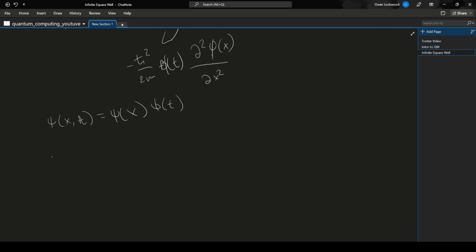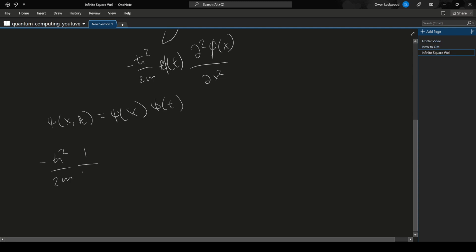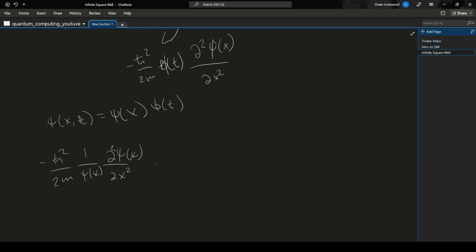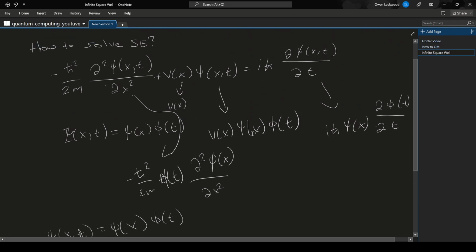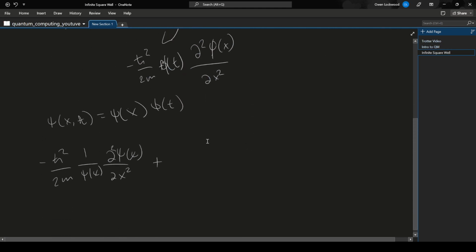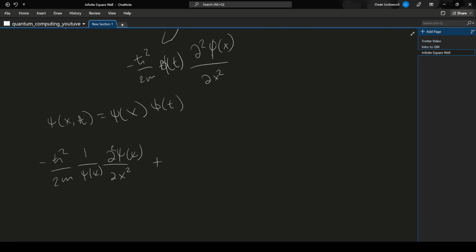So we'll have negative h bar squared over 2m, 1 over psi of x, and then we'll still have our partial here squared of x, and then we will have our plus, and here the t gets canceled out entirely, right? And we can see we have just now V of x.